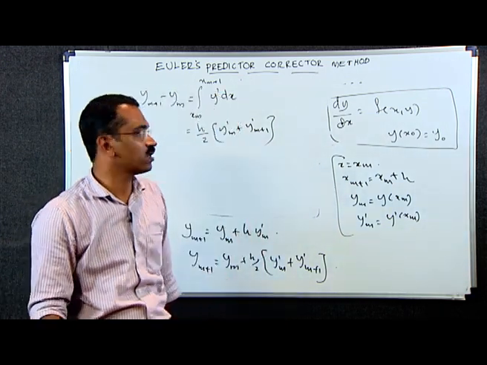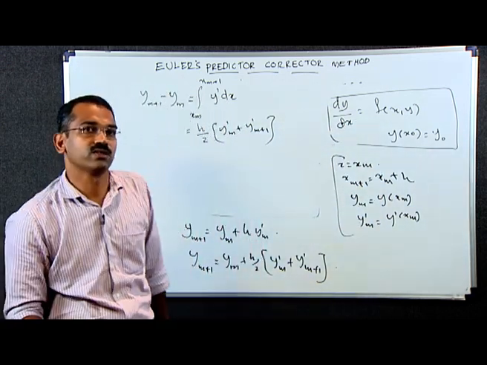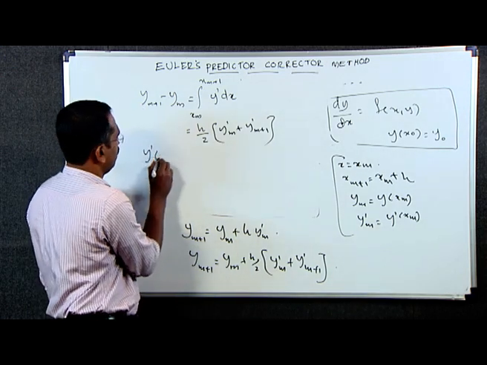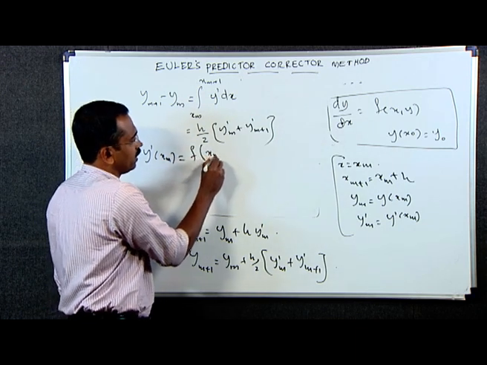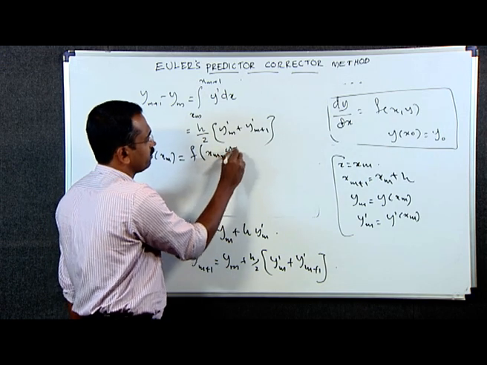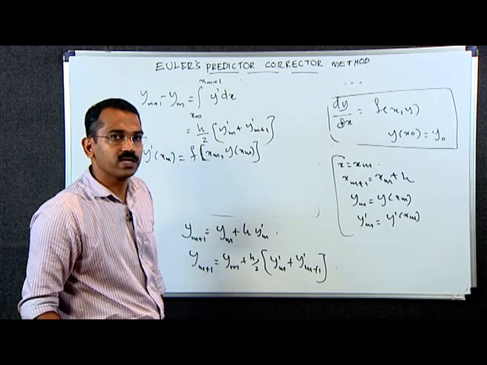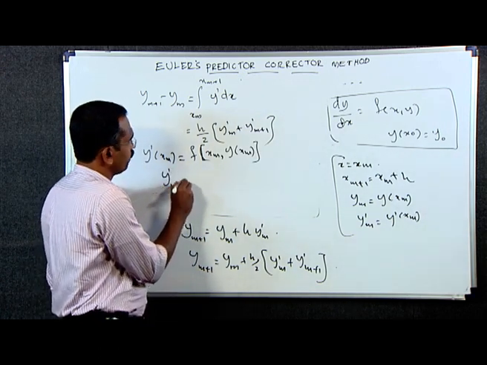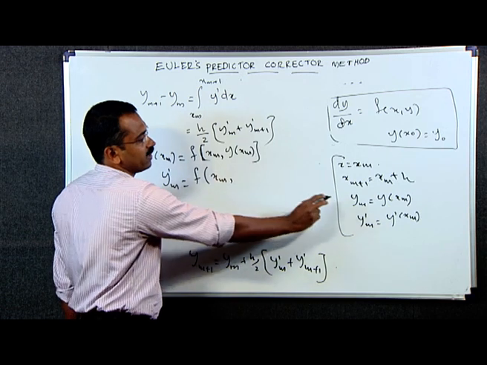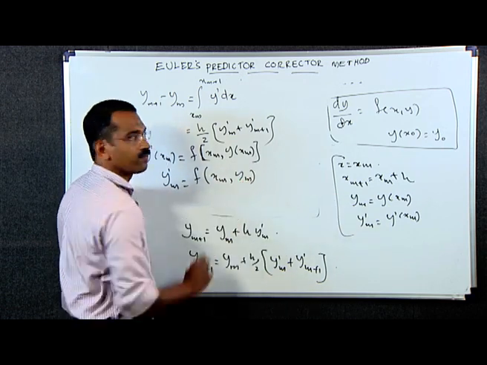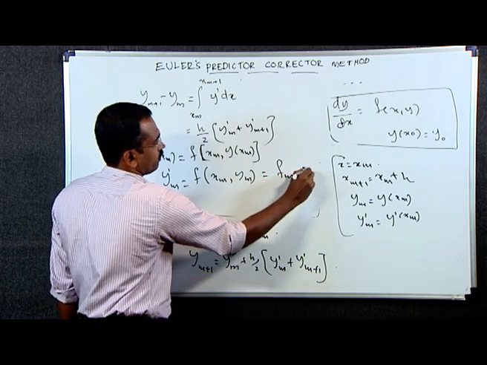Since y'(x) = f(x, y), from the given equation we can write y'(x_m) = f(x_m, y(x_m)), that is y'_m = f(x_m, y_m), that is equal to f_m. We say this as f_m.